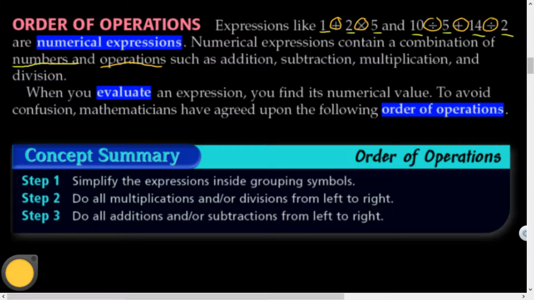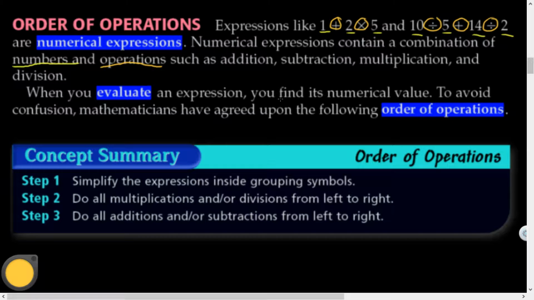Such as addition, subtraction, multiplication, and division. In terms of an exponent, if I had a little 2 here, there isn't a symbol for exponent, other than on a calculator, if you use the little caret. But the operation is implied when you have the little number raised and in smaller font.